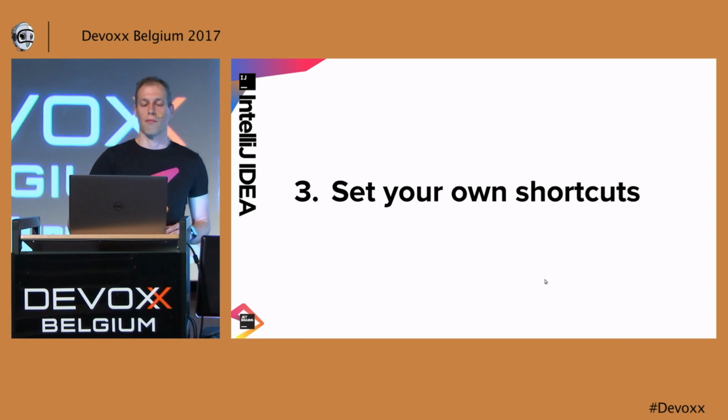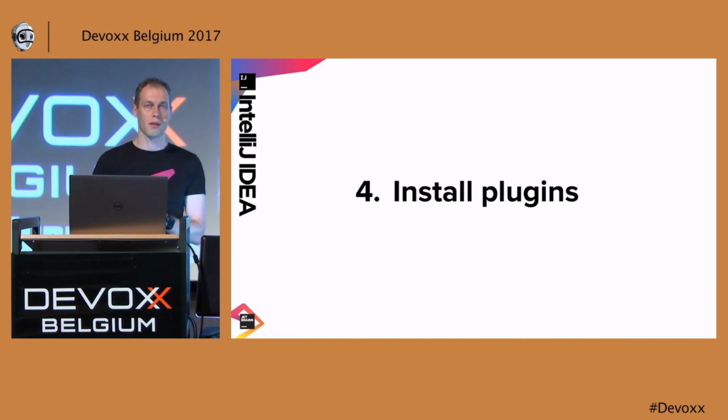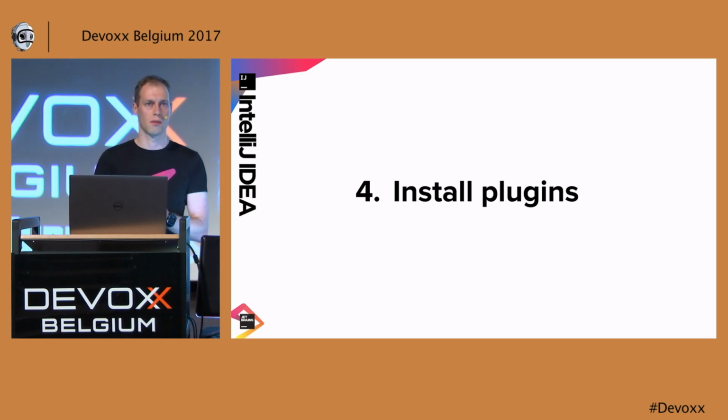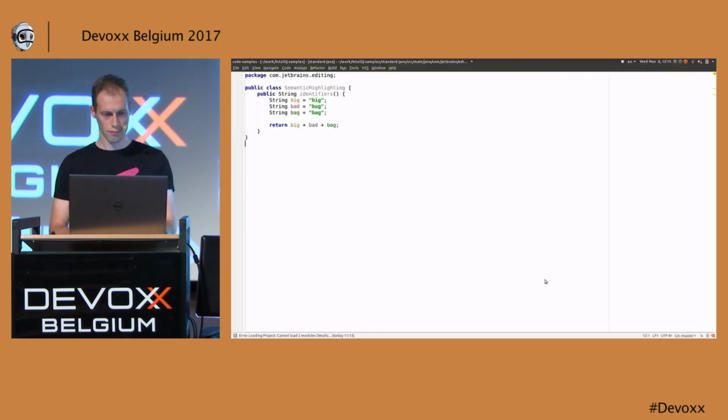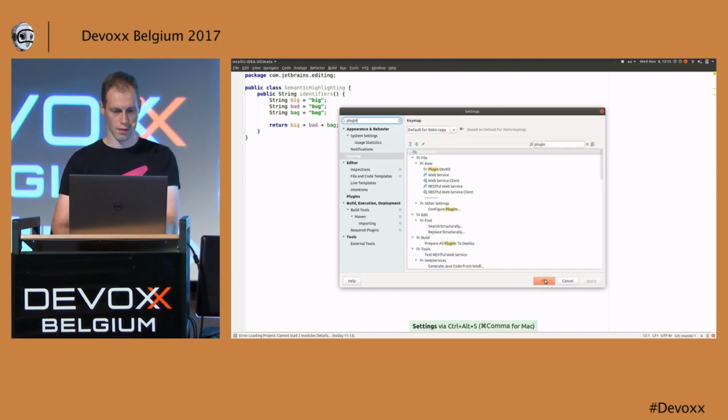Well then, IntelliJ IDEA has a lot of built-in functionality, but it also features more than 2,000 plugins on our plugin repository. One of the plugins you've already seen, it's called Presentation Assistant.